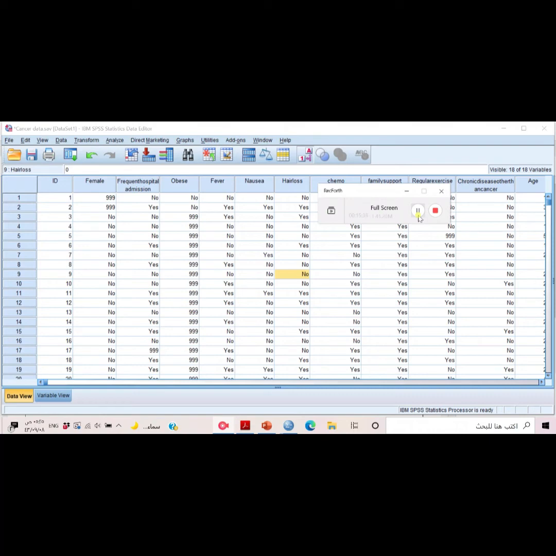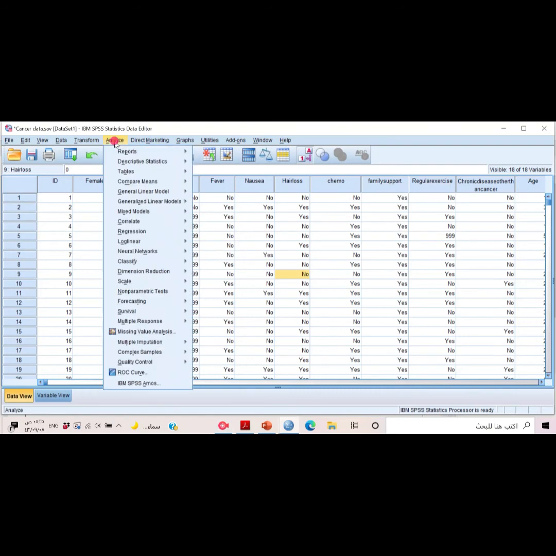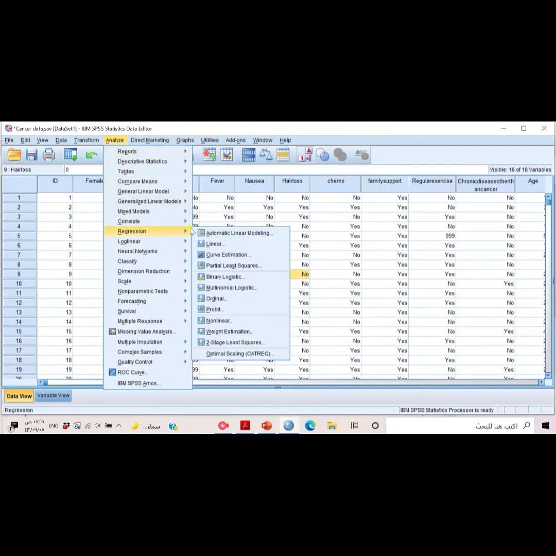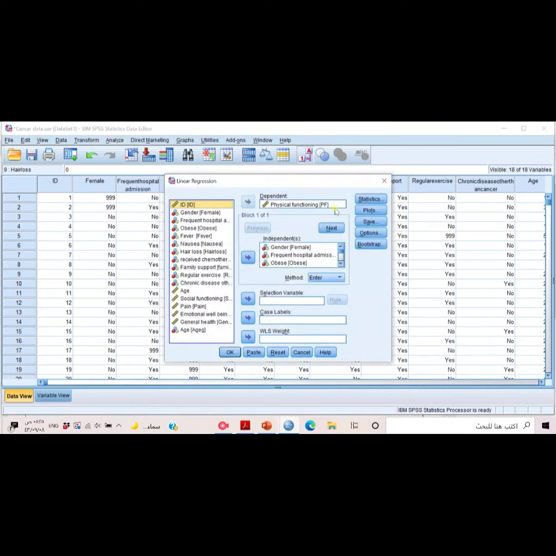After checking the assumptions, I will do the linear regression model test by going to Analyze, Regression, and then Linear.